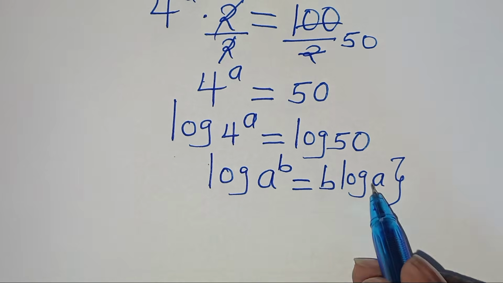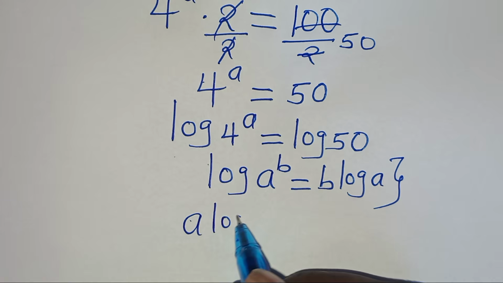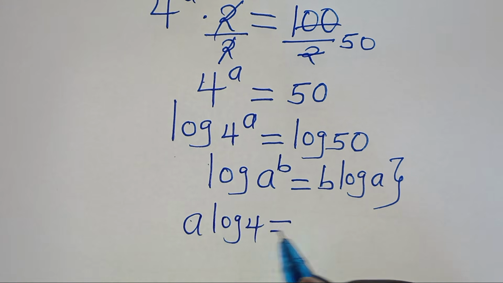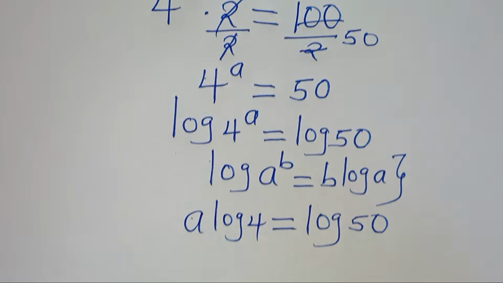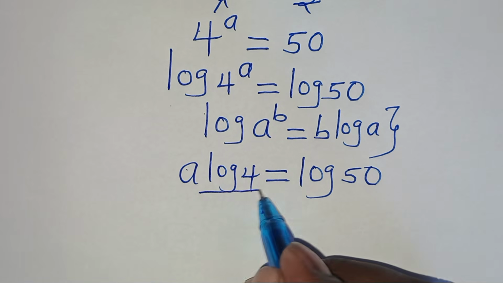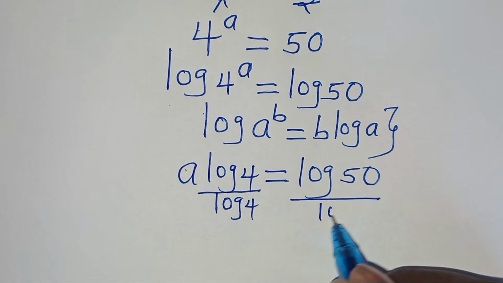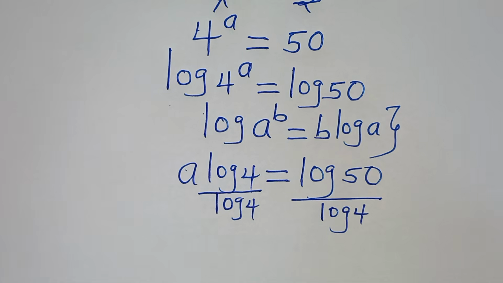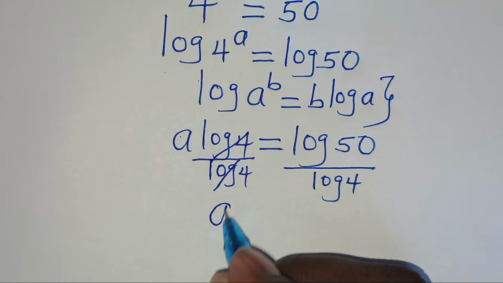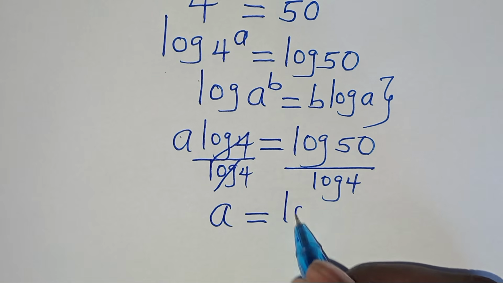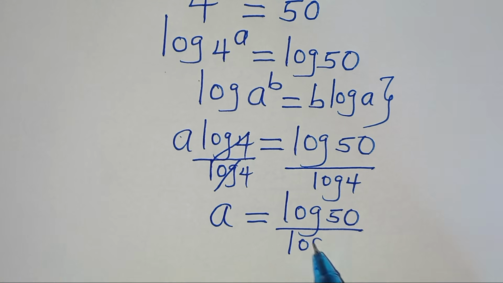Applying this power log property, then we have log 4 to the power of a becomes a log 4, this is equal to log 50. Now let's divide on both sides by log 4. So if you simplify here, we have that a is equal to log 50 divided by log 4.